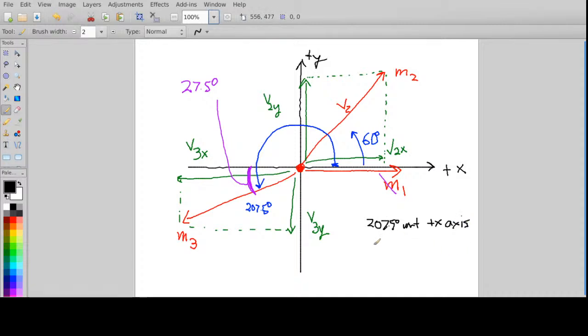But I think you understand that another way to think about this is that it's 27.5 degrees counterclockwise with respect to the negative x-axis, like that. Okay, so you can measure angles with respect to positive or negative x-axis or whatever. However, you must work with the angle with respect to the positive x-axis, and this has been my point all through the course, in order for the cosine and sine formulas to work.